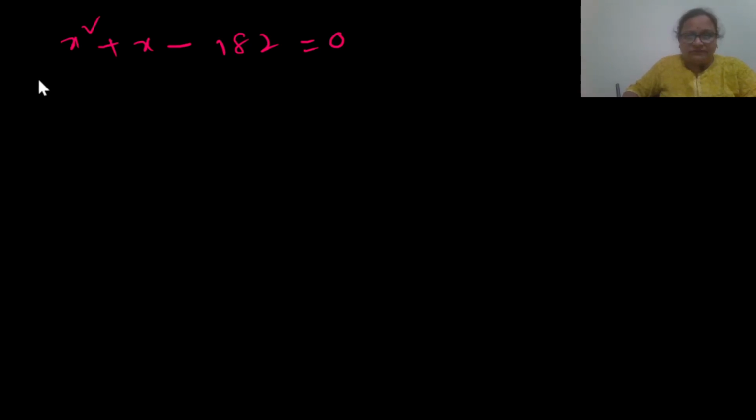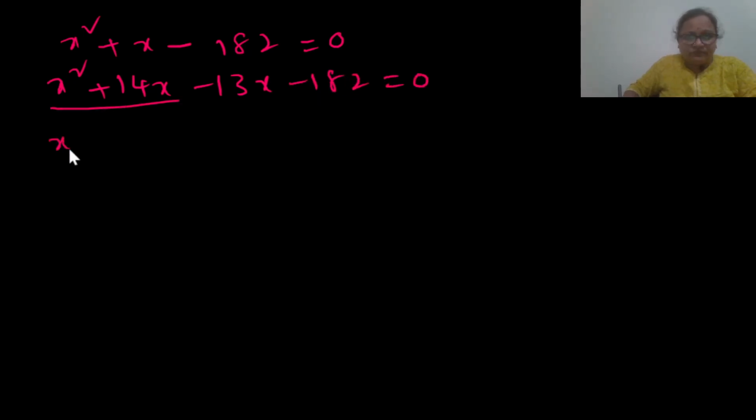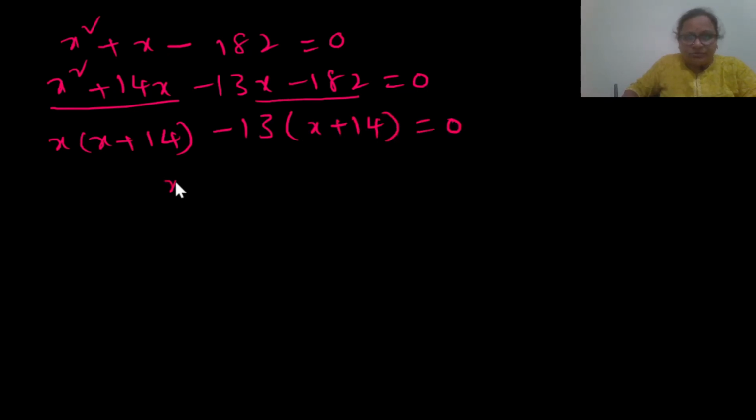So factors of 182 are 14 and 13. In previous sum we discussed this. So x square plus 14x minus 13x minus 182 is equal to 0. Common factor x plus 14, minus 13 is common in these two terms. So x plus 14 is a common factor. x plus 14 into x minus 13 is equal to 0.